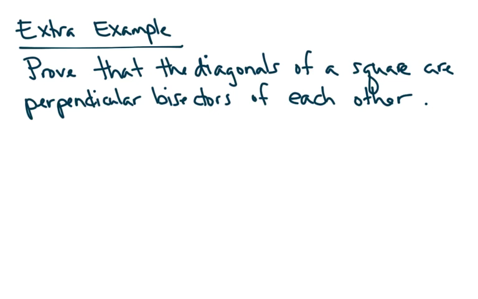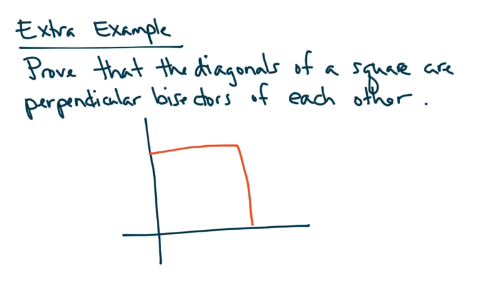Well, how am I going to do that if I don't have a square? Well, we're going to draw ourselves a square. There's a square. All I need to know is that the sides of the square are congruent. So I'm going to make one corner of the square be at (0, 0). So why don't we make this (5, 0)?